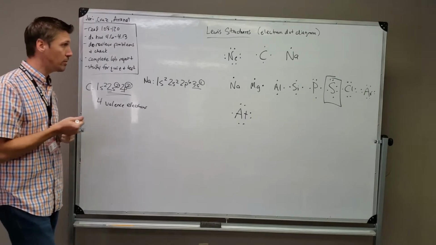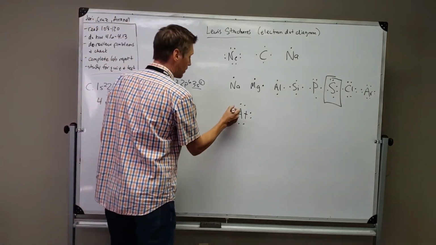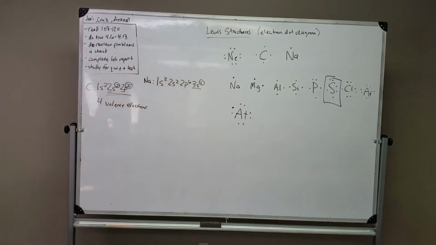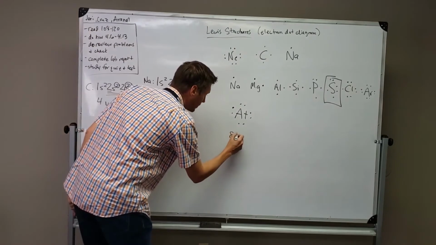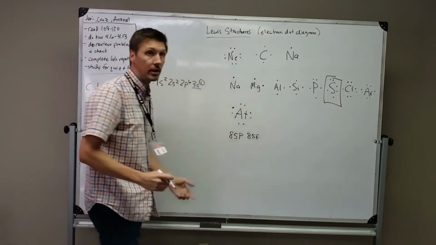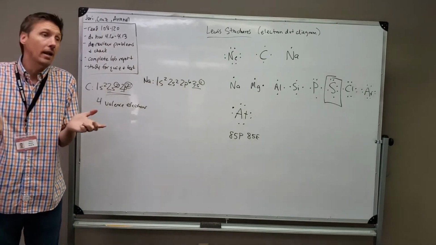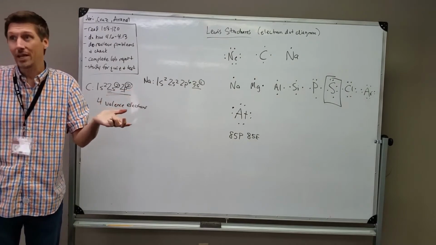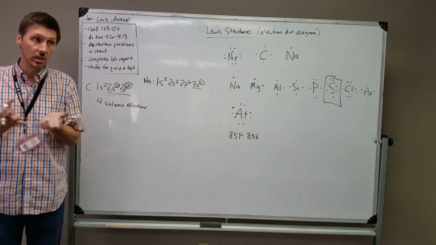It's only one away from being ideal. Astatine is element 85, so astatine normally has 85 protons and 85 electrons. It's electrically balanced, right? The same number of negative particles as positive particles. So the overall net charge of astatine is 0.